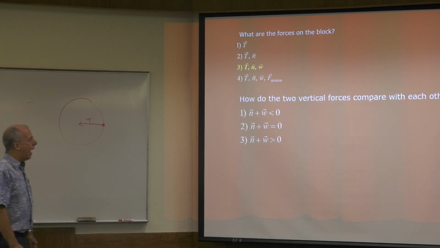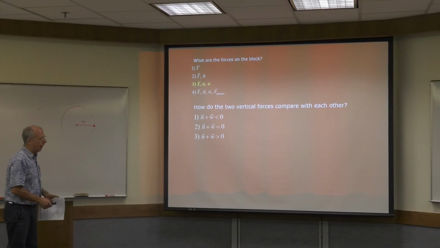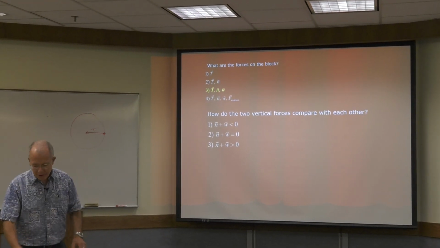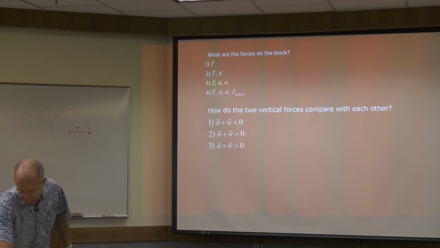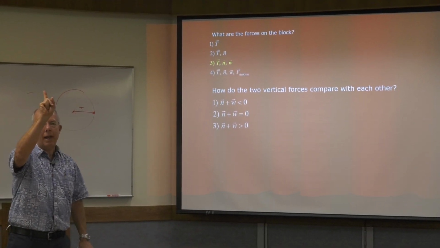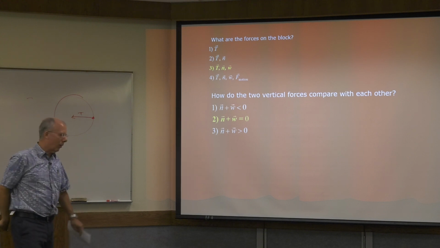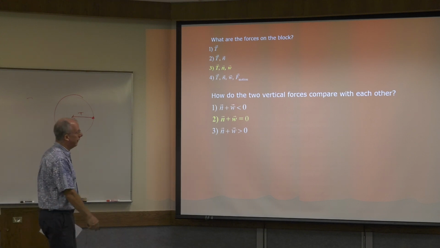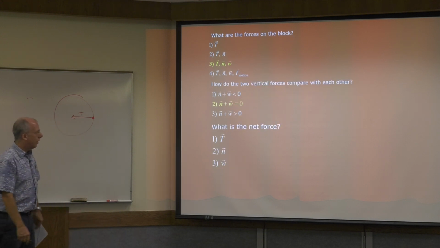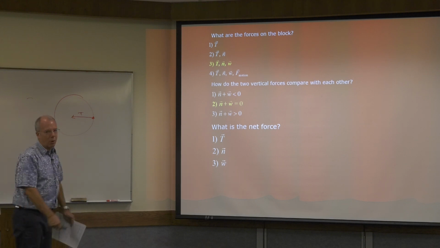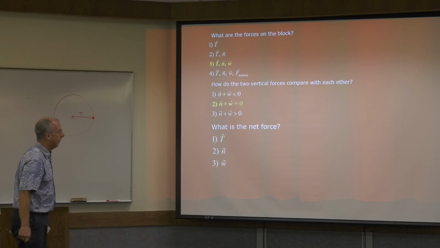How do the two vertical forces compare? Well, the block of wood stays on the table, so the normal force has to equal the weight. Therefore, what's the net force? Pause your video and answer the question.